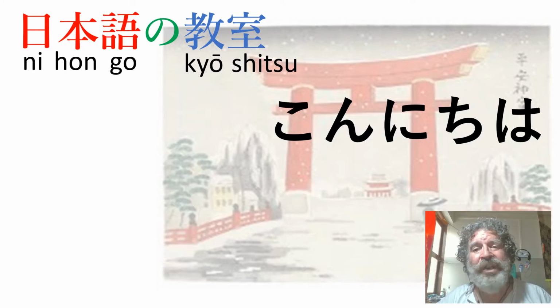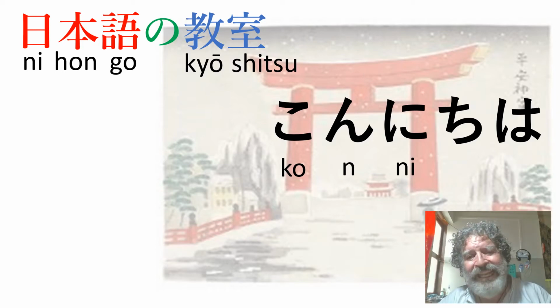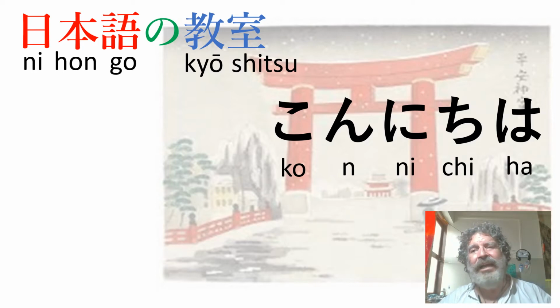Konnichiwa. Ko, ni, chi, wa. And as you remember the last time as we were going through the chart, the chi is actually in the T column.